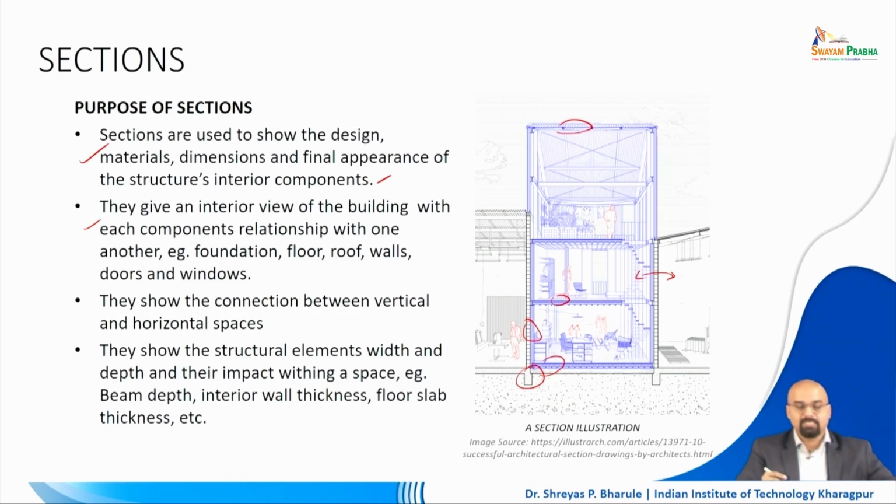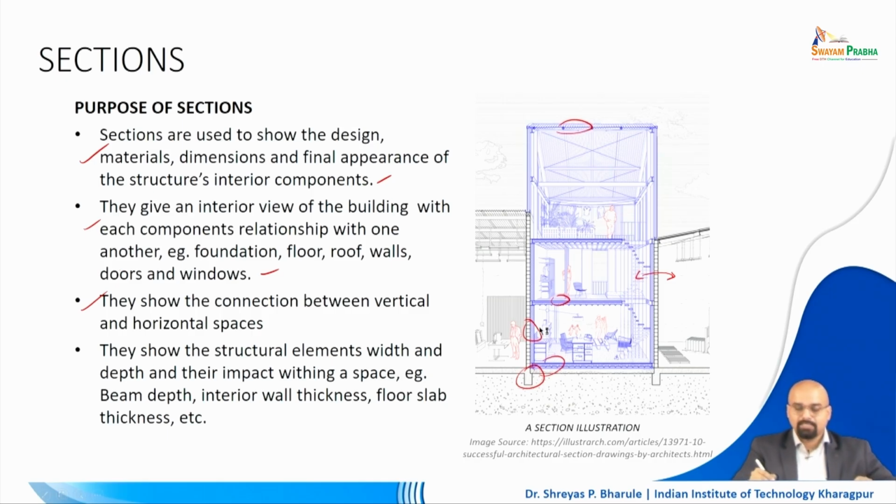It gives you a first-hand cut view of exactly how the building will be behaving and how all your materials will be coming together to give that design and look and feel of what you imagined it to be.